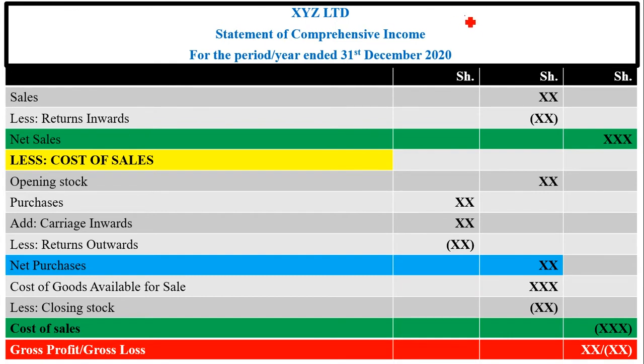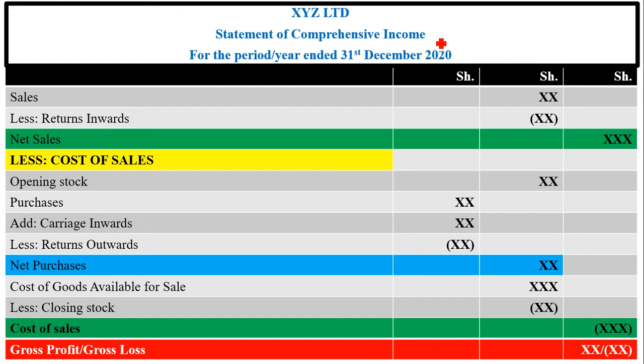That is, there is the trading account and there is also the profit and loss account. And that is why it is called a trading profit and loss account, because it combines these two accounts. Or you can also call it the statement of comprehensive income, which actually combines these two accounts.